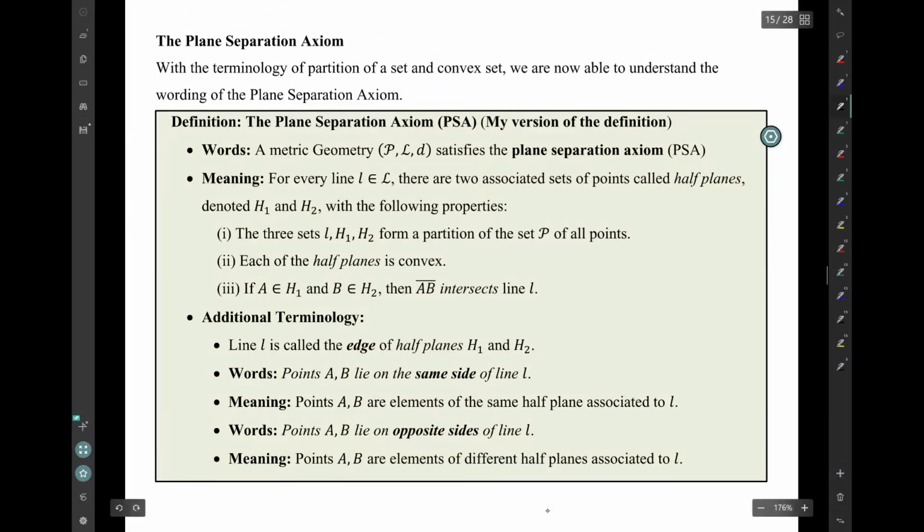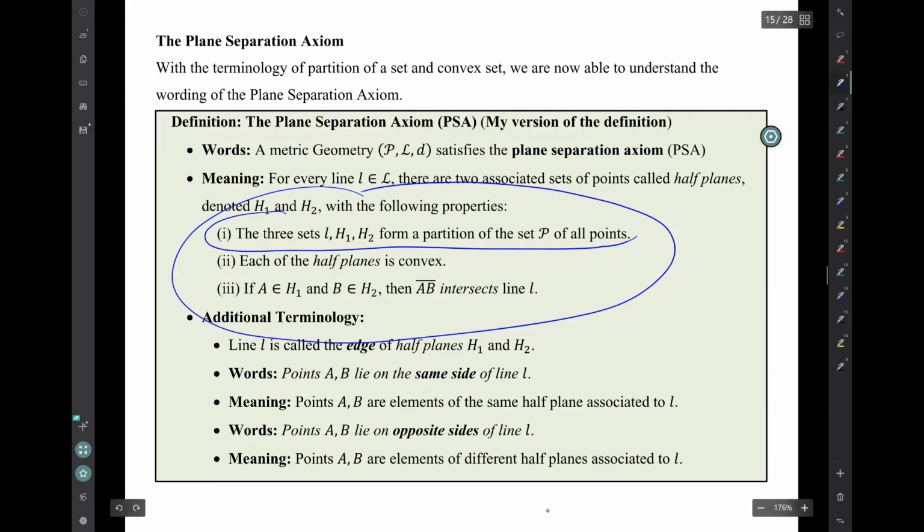Here's the plane separation axiom. The key is here. These 3 sets, the line, half-plane 1 and half-plane 2, form a partition of the set of all points. That means that any point that you choose has to lie in exactly one of these 3 sets.